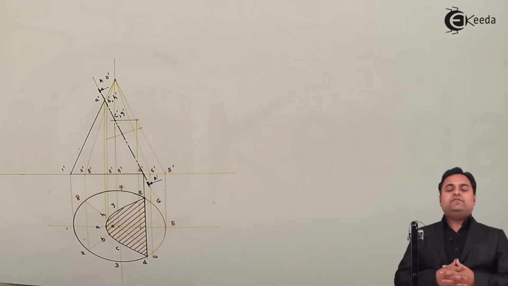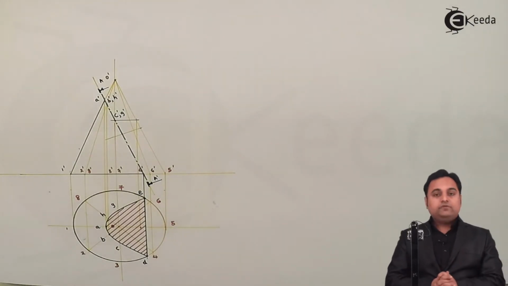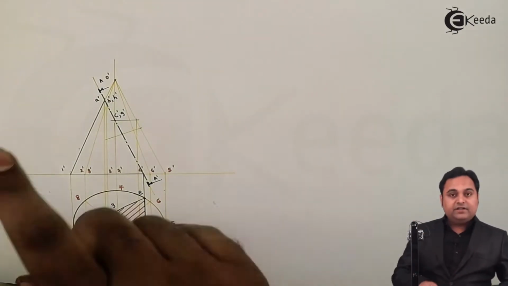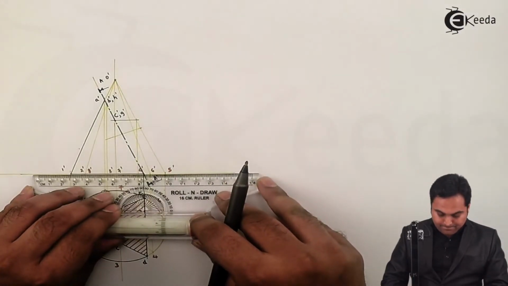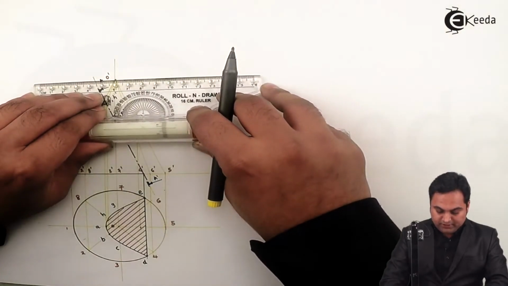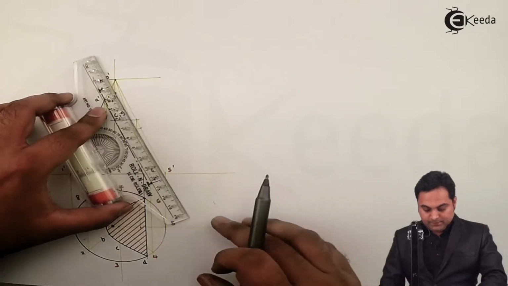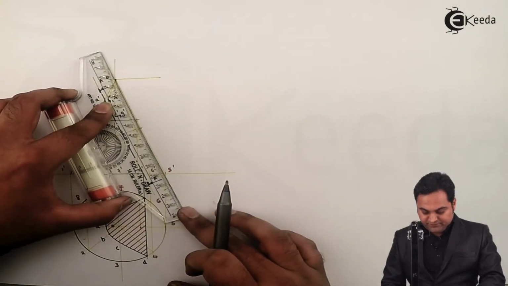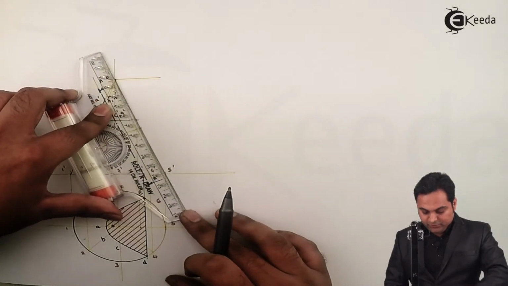Now after this we have to draw even the development of the lateral surface for this cone which has been cut, and for that here I am explaining the procedure. First we have to draw a light line from the apex, then a line parallel to the end generator O dash 5 dash will be drawn.